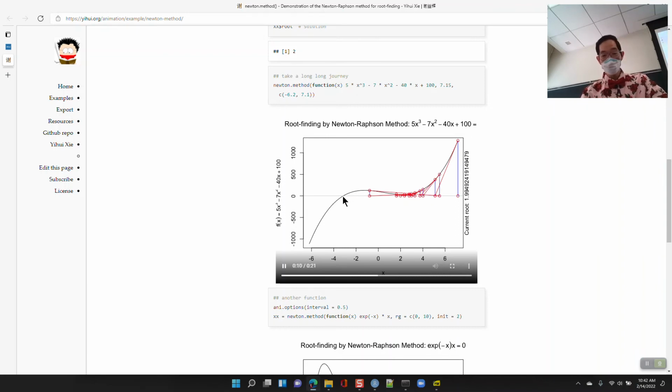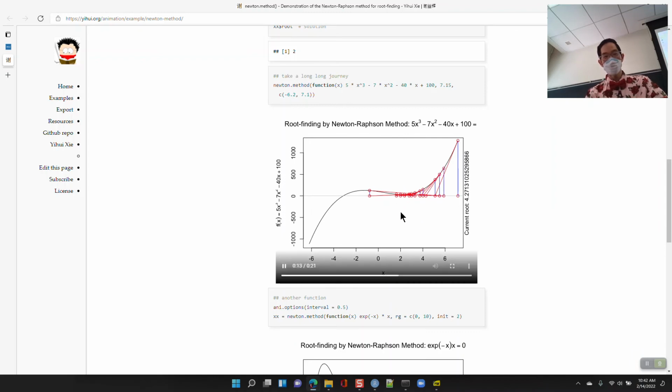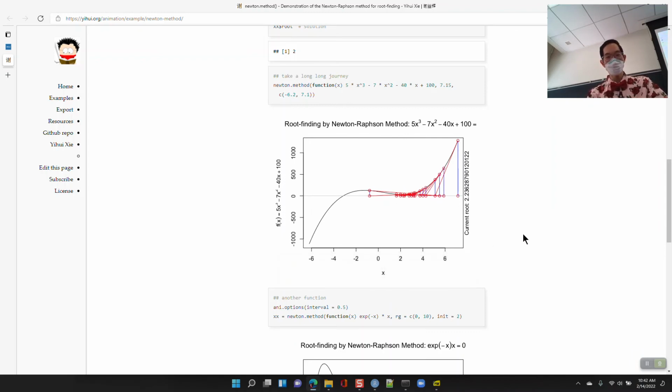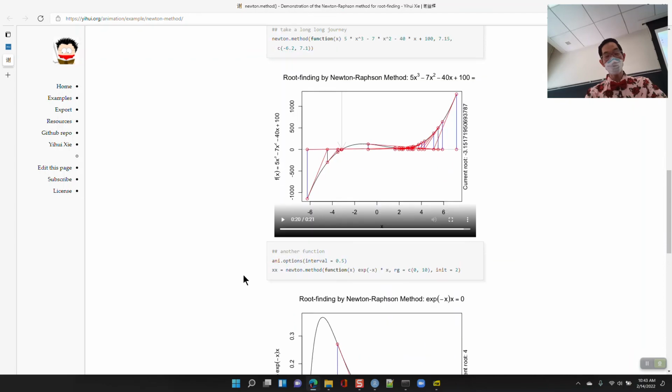The root is over here, but it gets tripped up because we don't exactly have a root here, but the slope changes directions, and so it oscillates back and forth. It's trying to find a root here, but there's no root at this location. And then finally, it gets to a root over here. So that could happen. It still finds the root.